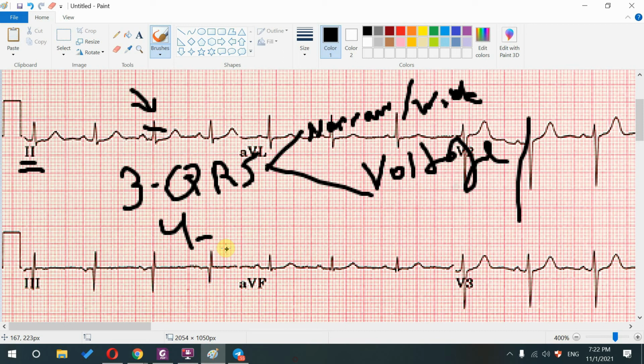Step number four, you finish checking the QRS complex. So after checking the QRS complex, you check the PR interval. PR interval, this guy. You are checking if it is short or long. If it was short, which disease are you thinking about? Write me in chat.